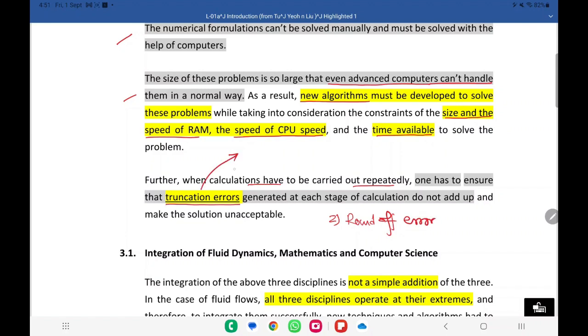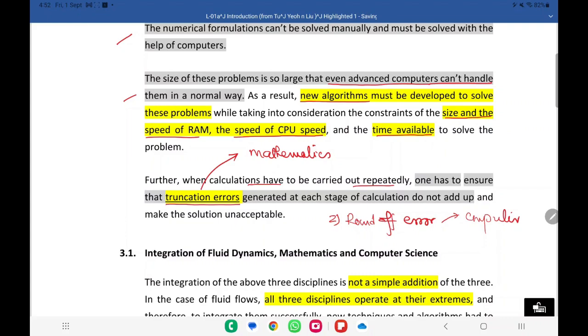Truncation error is part of the algorithm, you can say mathematics. Round off error is part of the computer, a computer limitation. So you have to take care of both.